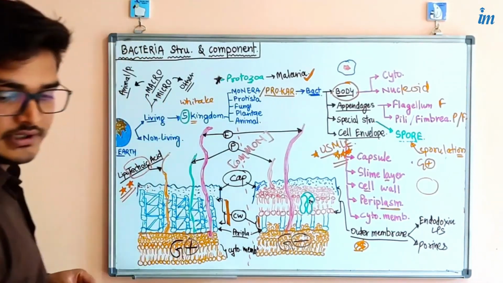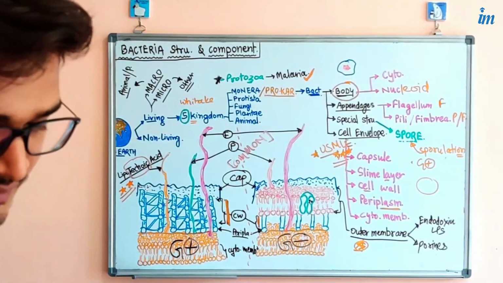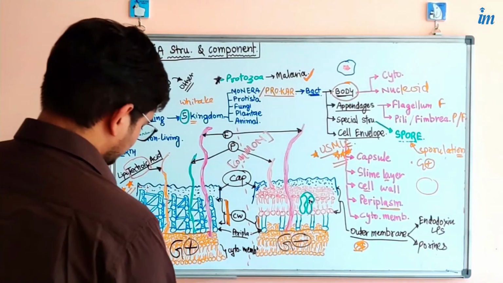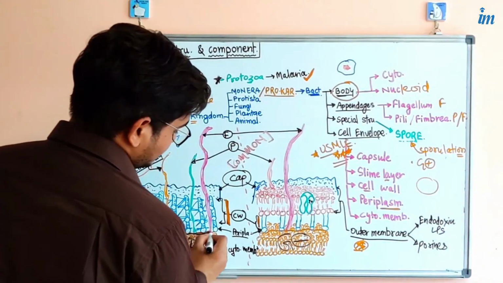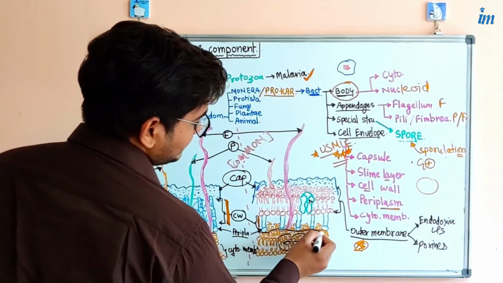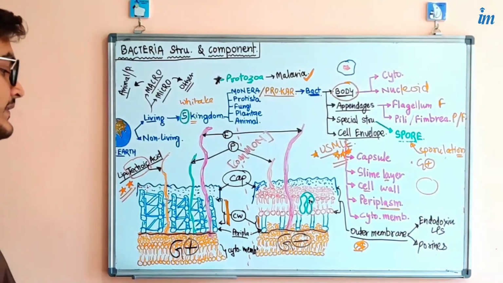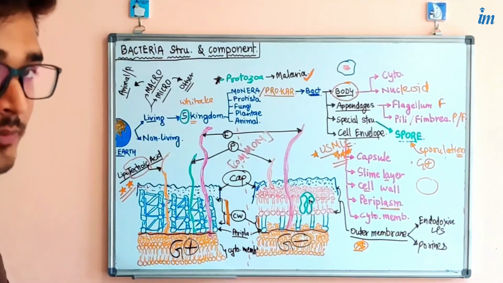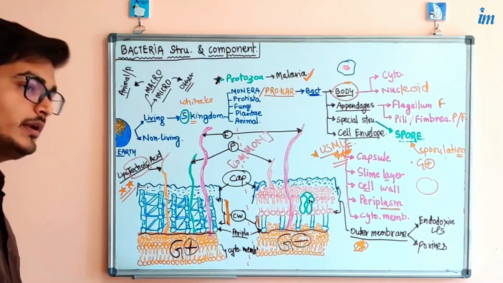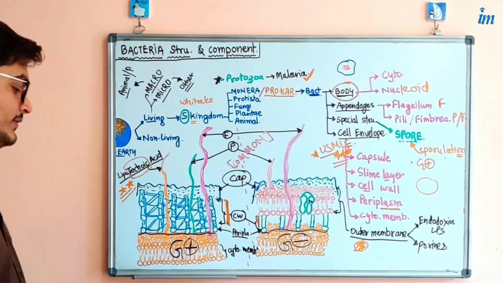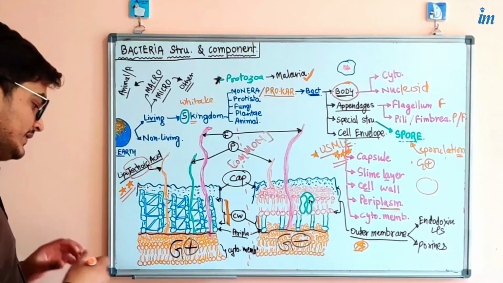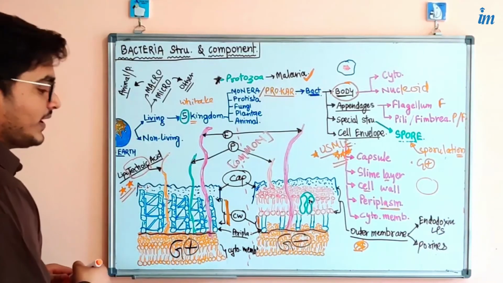To make it more clear, I will draw it with black. That is the periplasmic layer. And then there is the cytoplasmic membrane, a phospholipid bilayer as in animals, so keep in mind that a similar structure is also present in bacteria.